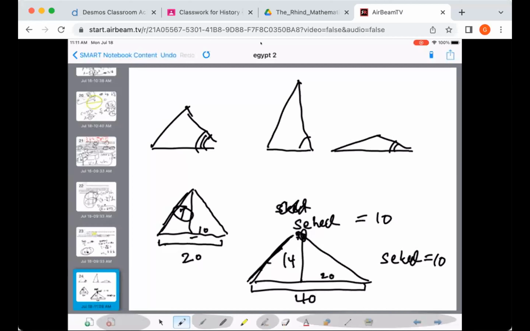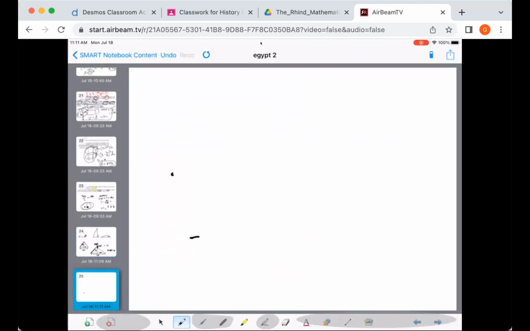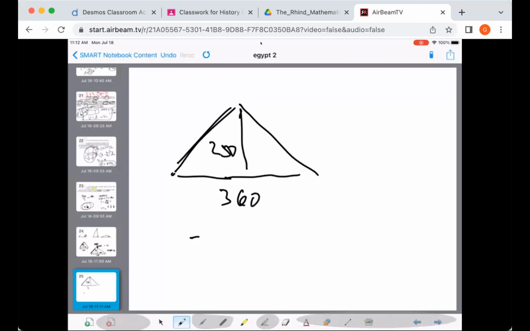So another way to think about it: let's have one where the height's not 7. Let's use the example in the Rhind Papyrus, question 56. They tell us that this is 250 and this is 360, and they want to know what the secant is.